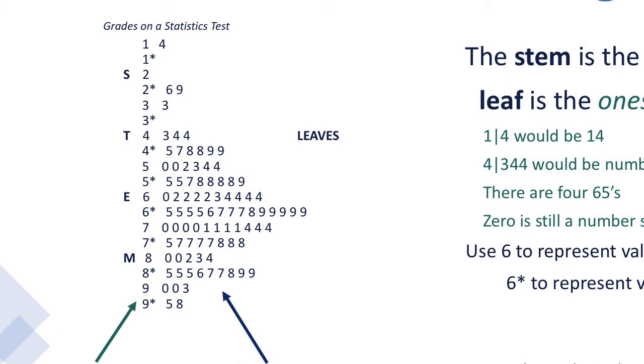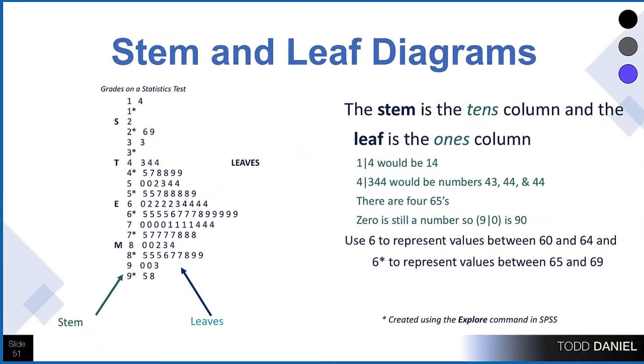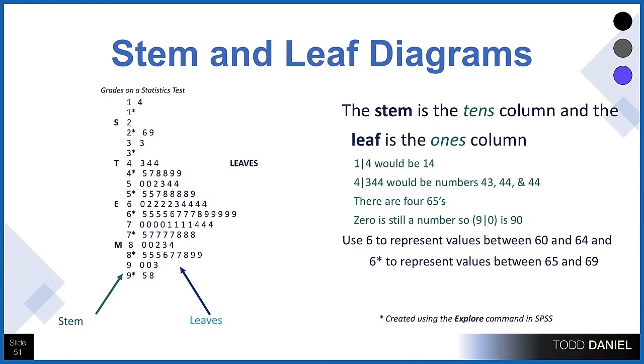The highest score in this distribution is a 98. 1 and 4 would be 14. This 4, 3, 3, 4, that's 43, 44, 44. And if I ask you how many 44s are in this distribution, you now know there are 2. How many 65s are there? We go 60, 1, 2, 3, 4. There are 4 65s.